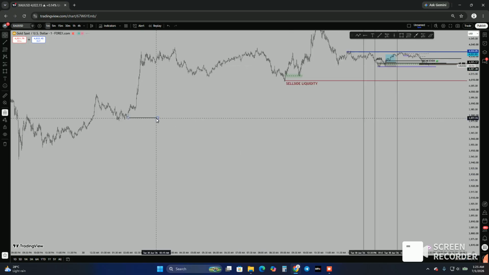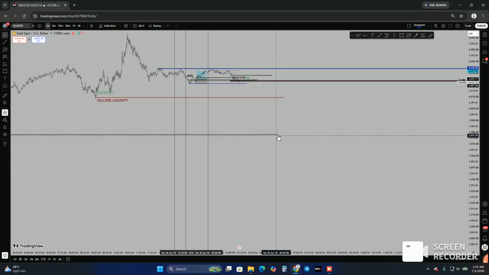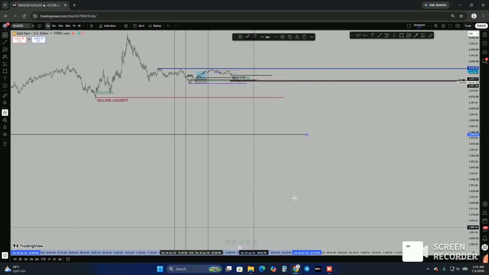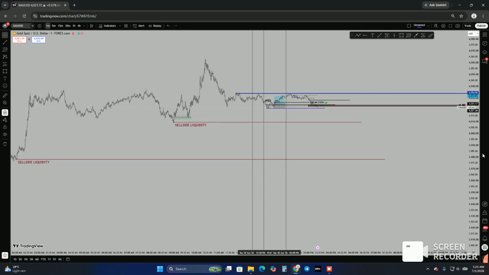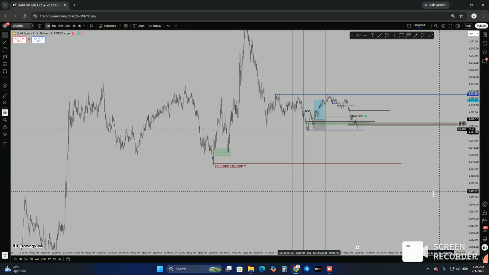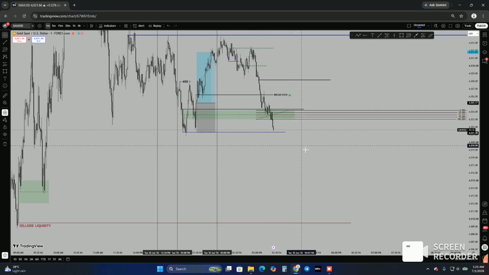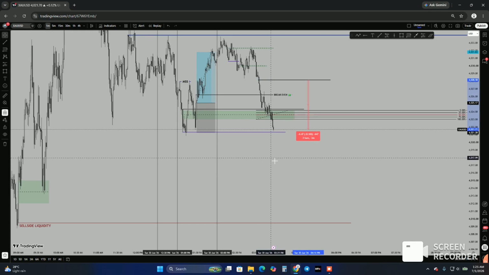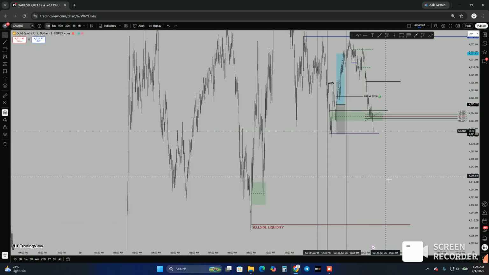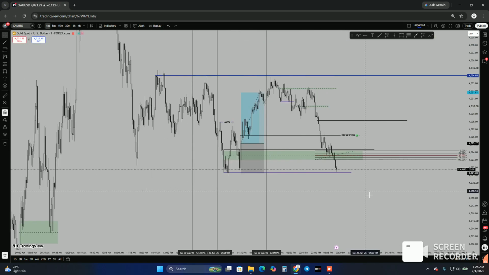So I just try to find that kind of low, and I enjoy this kind of low as hitting my TP. You can see where price closed. So how much profit have I been running from my entry to here? It's almost 64 pips.